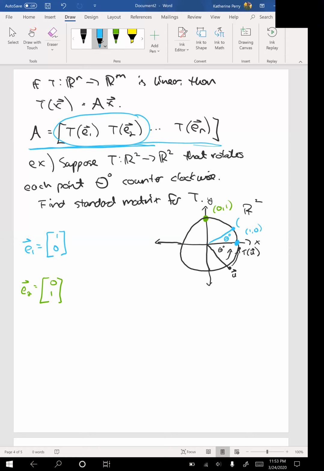It turns out I am still going to be distance 1 away, but another way to write this point is as (cosine theta, sine theta).